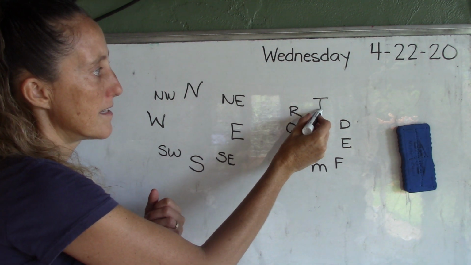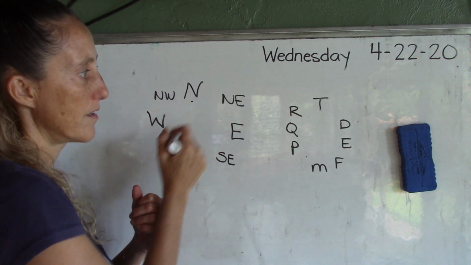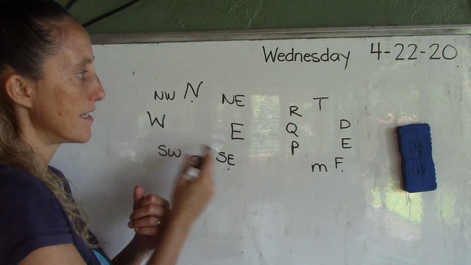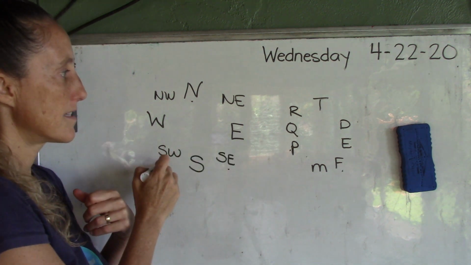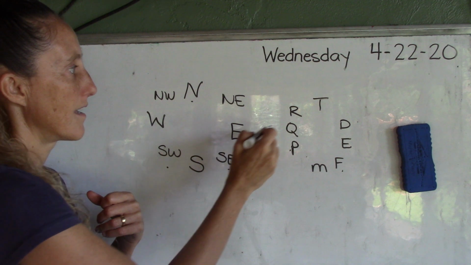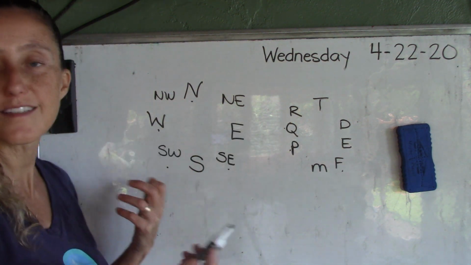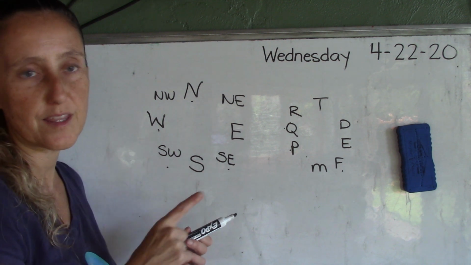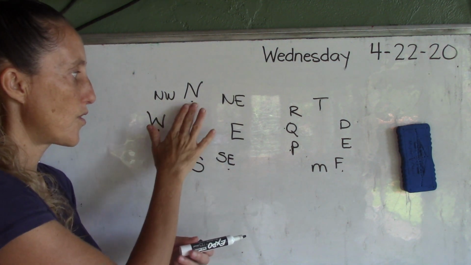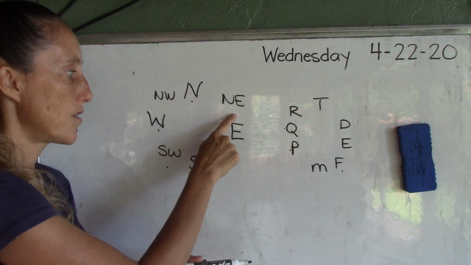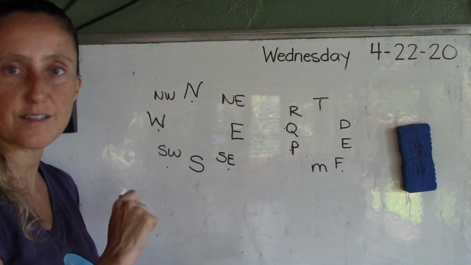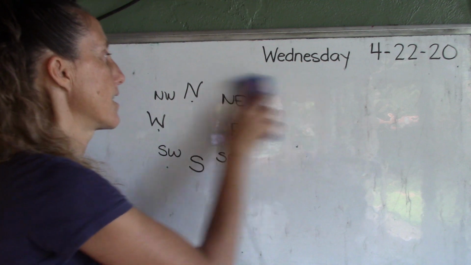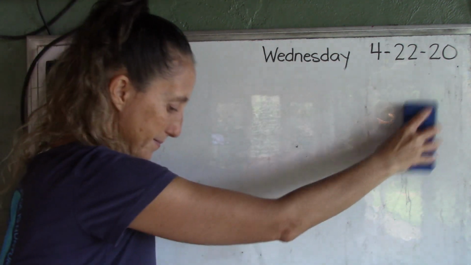T is north, and F is southeast, and P is southwest, and Q is west, right? So you're going to see them doing that with the direction. So you just have to know north, south, east, west, northeast, southeast, southwest, northwest. Just remember those directions and you'll be fine. You will get it fine.